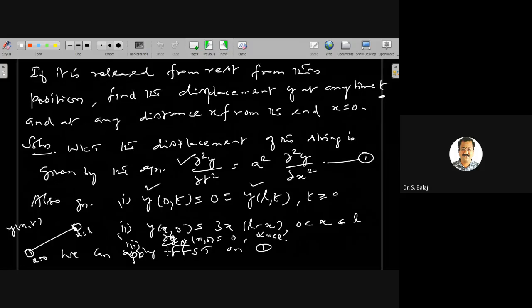The velocity of the string at time t equal to 0 is equal to 0. Therefore, y is the displacement, and the velocity is calculated by dou y by dou t.